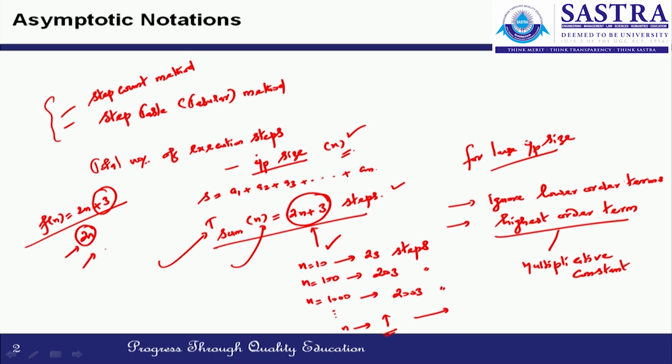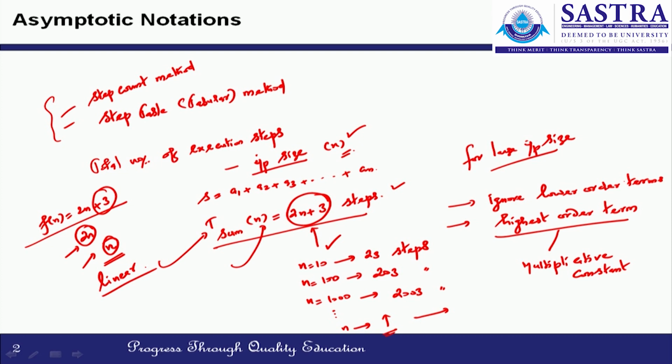Considering only the highest order term n, that represents the computing time of an algorithm. So conveniently we can represent the computing time using this highest order term n, which represents a linear computational complexity.